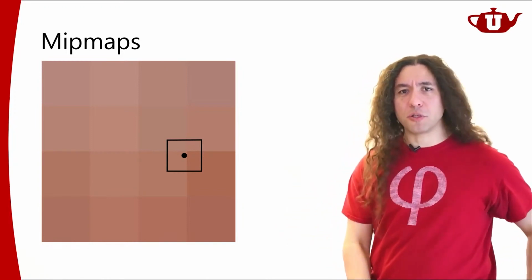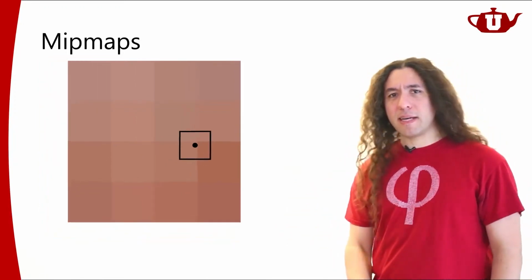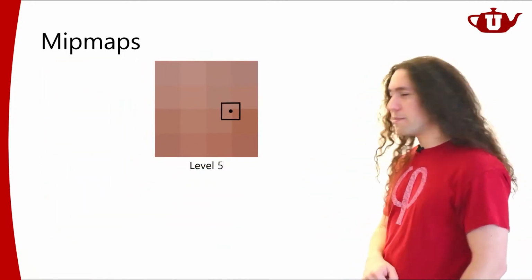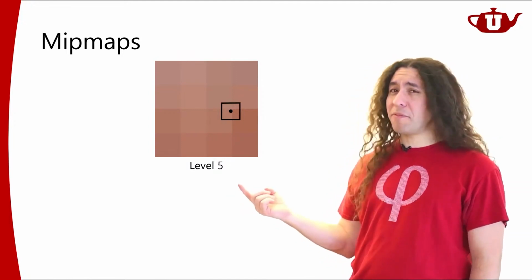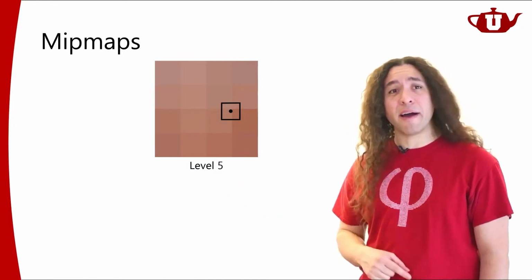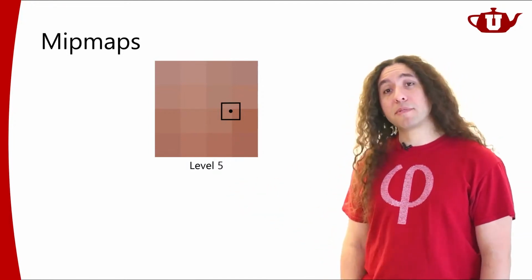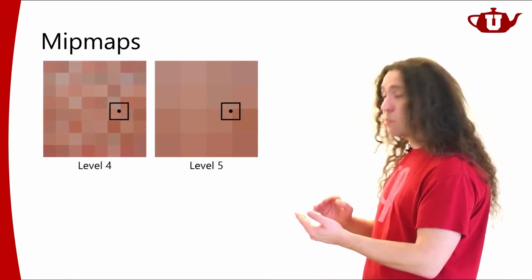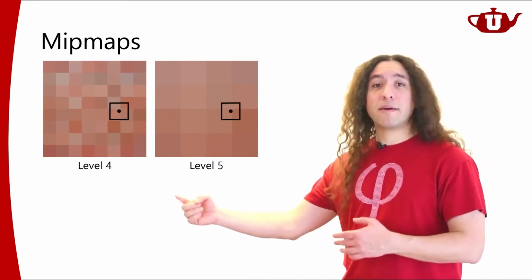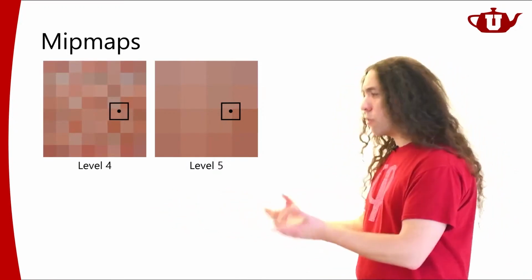So here's what I'm going to do. Let's say that this is level 5 that gave me the best resolution I have, which is not perfect, but that's the best resolution level I have in my mipmaps. So what is the next best? The next best is going to be one that is a little too small, right? Level 4, which is a little too small. Level 5 is a little too large.